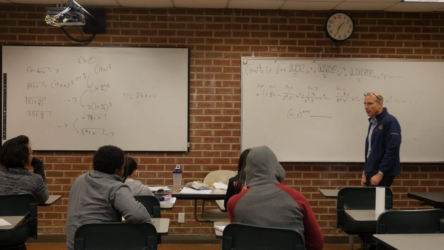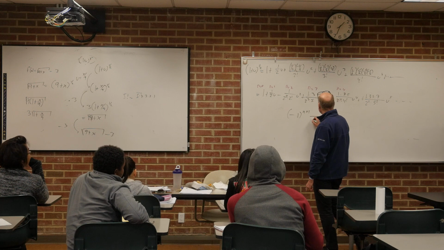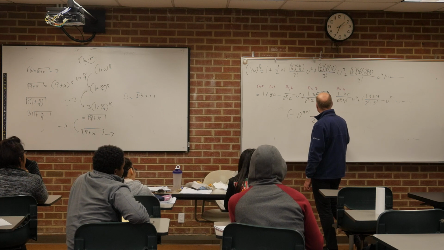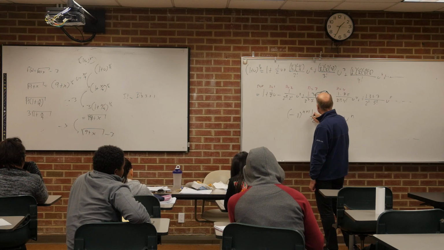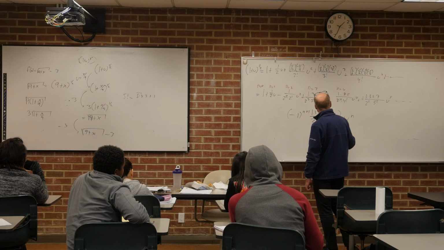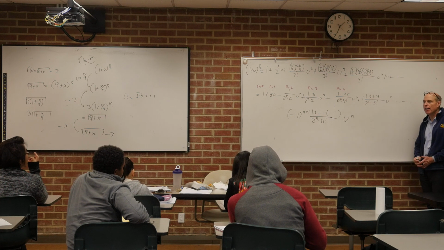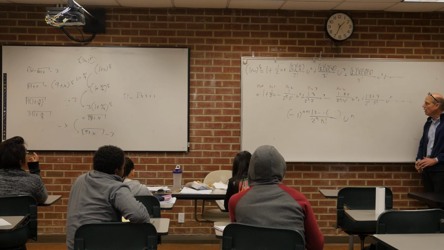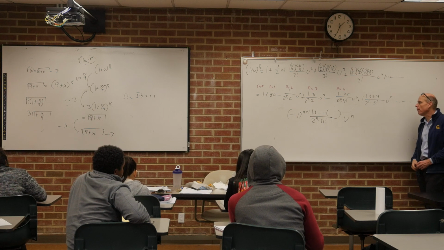So that's how to fix that. Then, it's the bottom, looks like 2 to the n times n factorial. That's a u to the n. And the top's a little bit harder to write. The way I think about it is it's like a factorial. But normally factorials go up by 1 each time. These go up by 2.